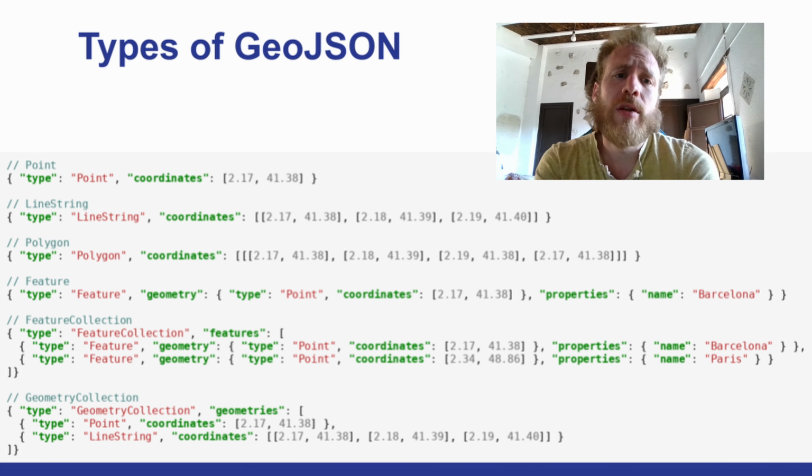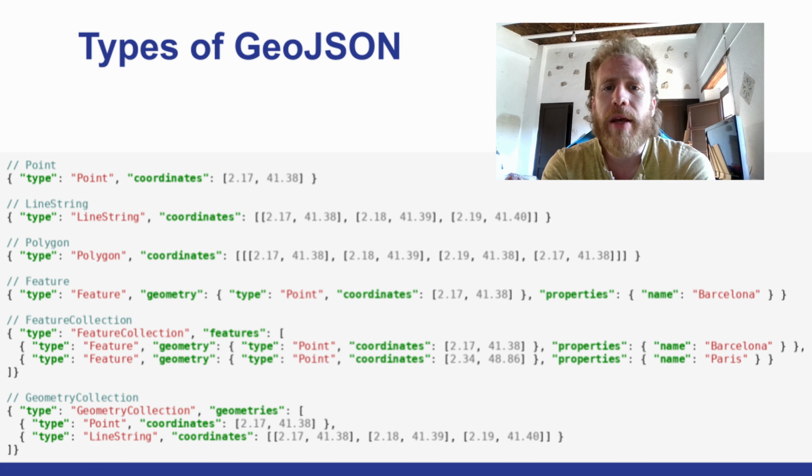In this slide, we are going to talk about the types of GeoJSON. The types represent the variety of geometry that lets you represent everything from a single location to complex spatial datasets. And these are the basic types.